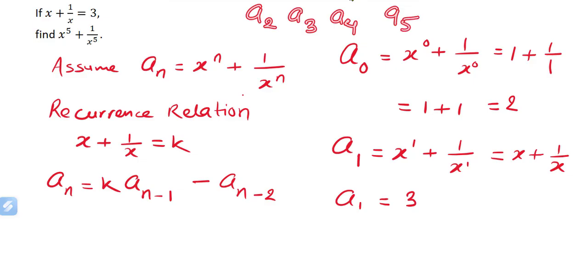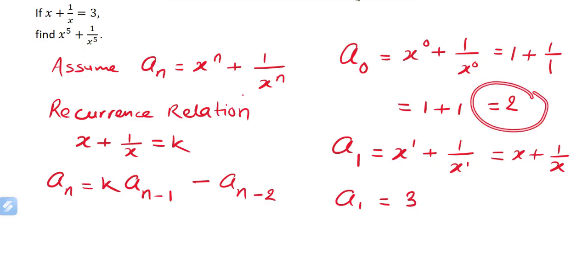Once you have the value for a5, then we can find the value for x power 5 plus 1 over x power 5. Now, to find the value for a2, we use this relation. Here we have the value for a0 and a1. Once we have these two values, we can find a2.